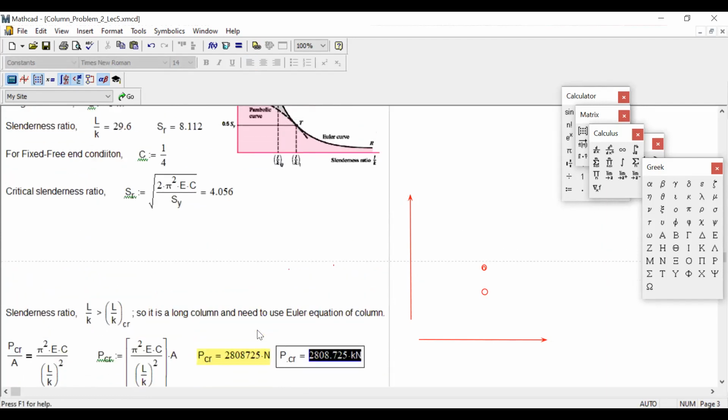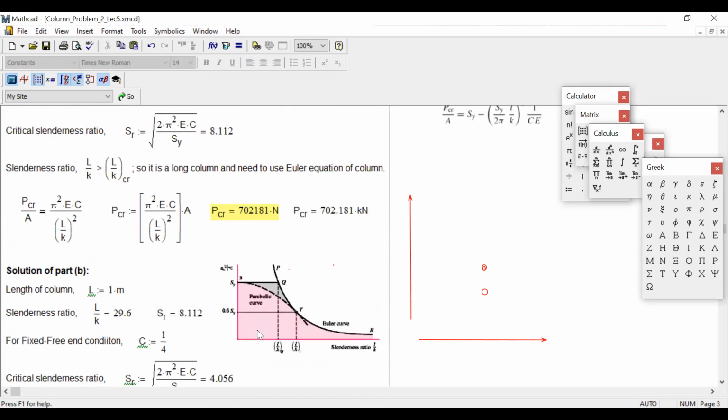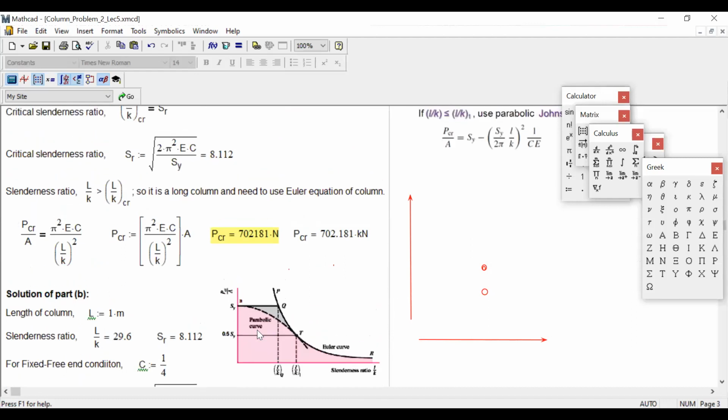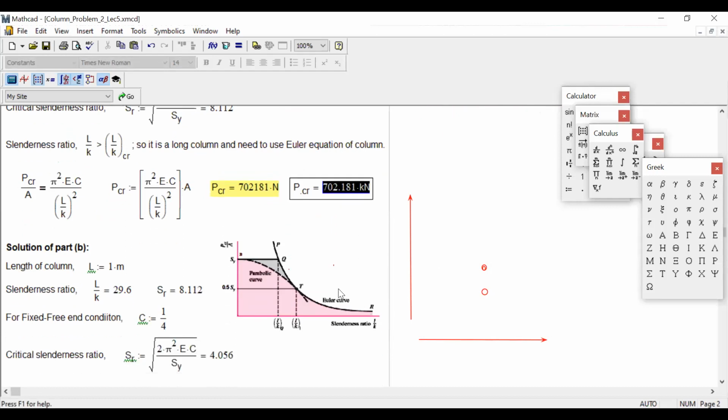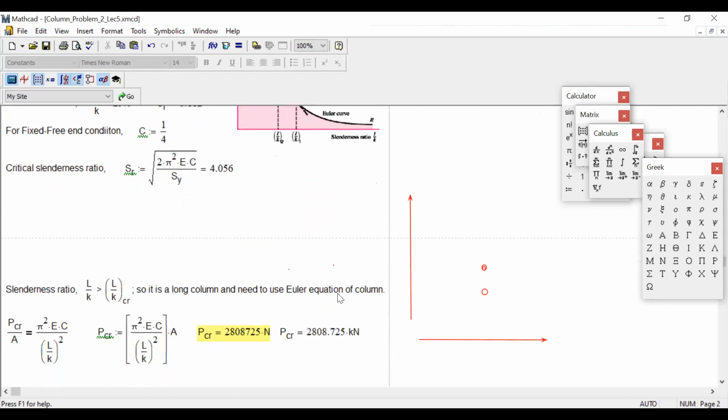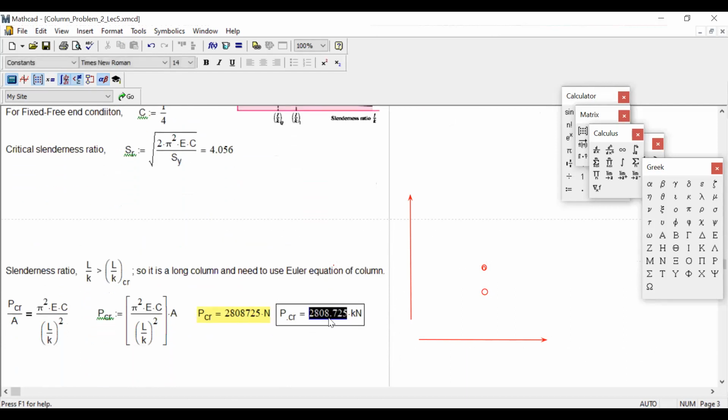So what you see over here is that if the column length is decreased, right over here, load taking how much? 72 kilonewton. And right over here, it is taking 2800 kilonewton. So what makes the difference over here?